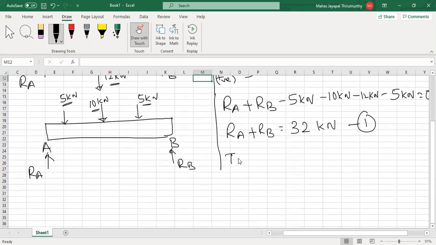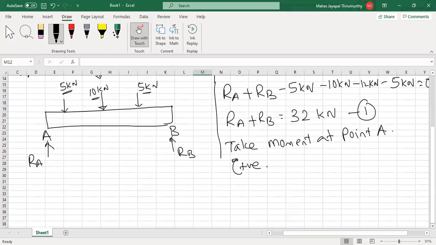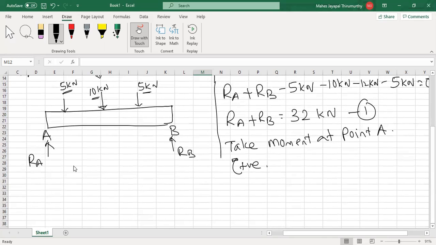So this time take moments at point A. My assumption is clockwise is positive, because in the previous equation I have two unknowns. I want to make one of them 0 and find the other, so I'm taking a moment at point A. If I take the moment at A, RA becomes 0 because it won't give any moment at that point.